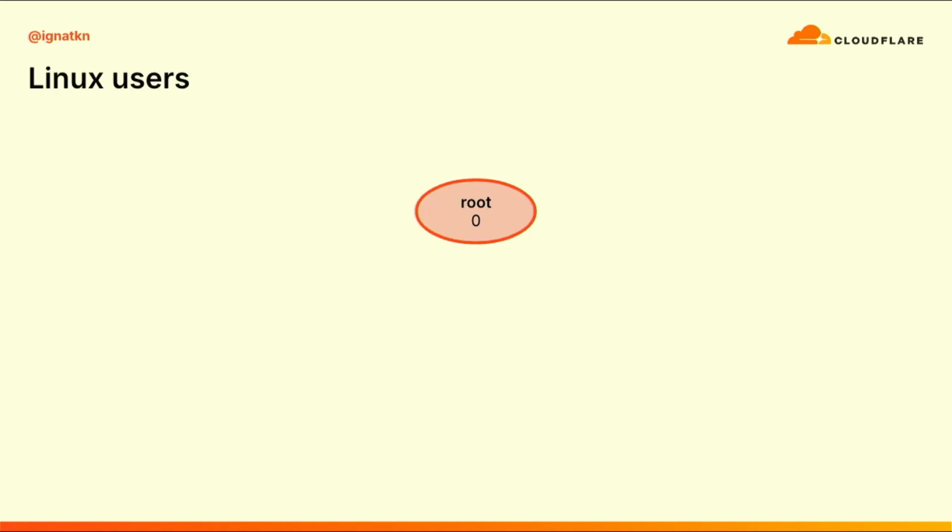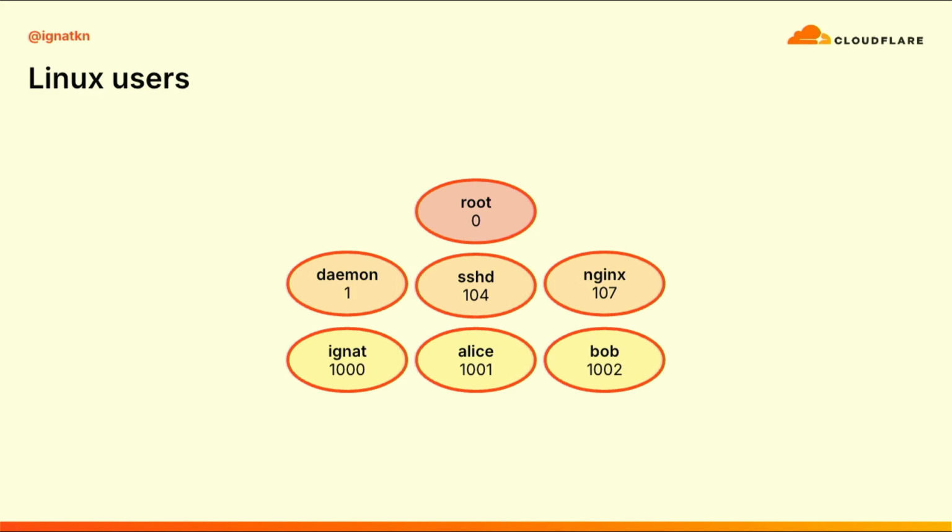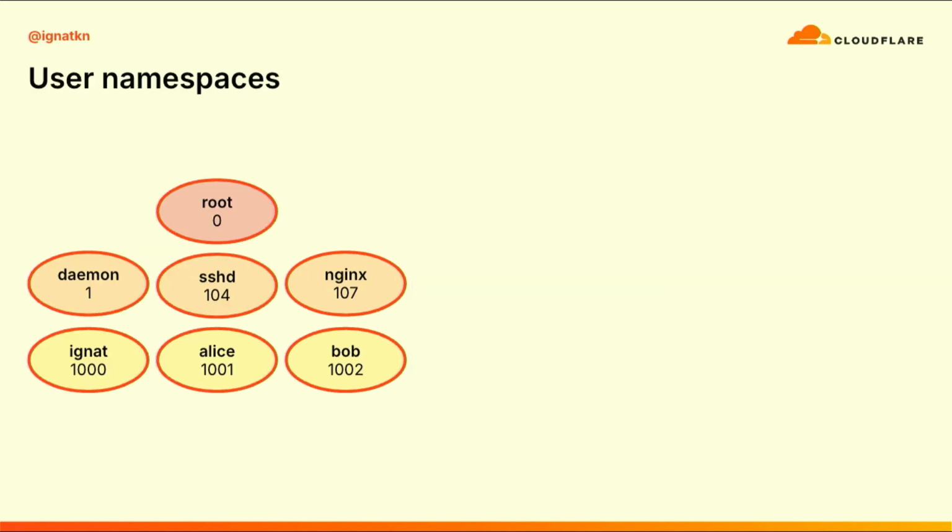Now let's talk about users. So your Linux system has users with a user ID. Root is always user 0. Then you have some system users, and you have some regular users, right? So when you create a user namespace, what do you get?